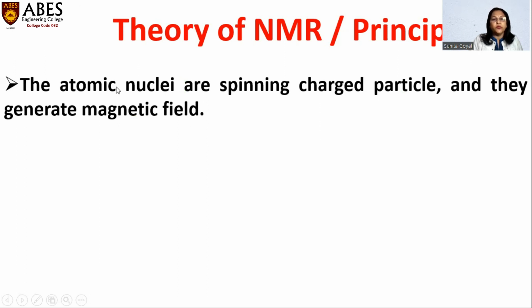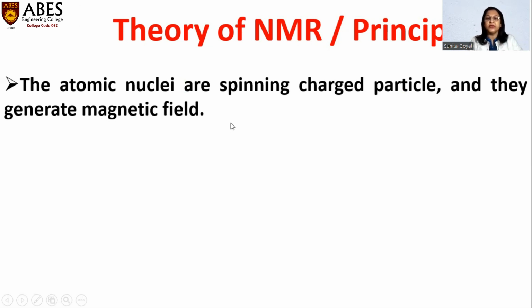Now, the atomic nuclei which are spinning are actually charged particles because they contain protons, which are positively charged. A spinning charged particle generally creates an electric field, which has a magnetic field component.